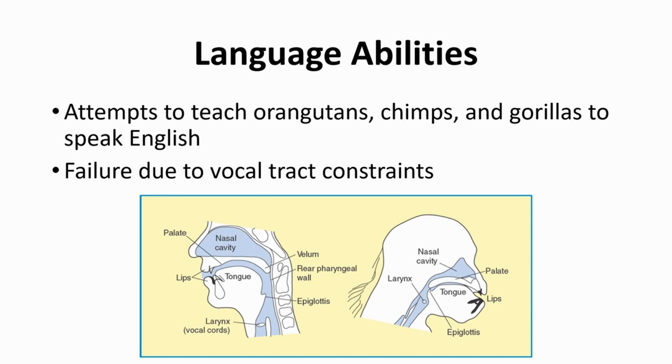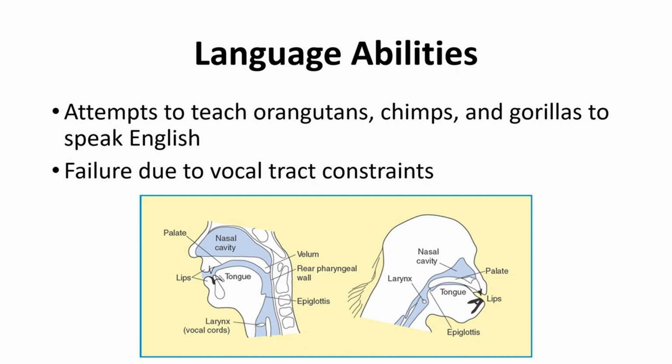Most of these failures actually come from a physiological problem, where our vocal tracts are very, very different, where they don't have the same ability to form as precise enunciations that we do. So when we say that the great apes can't acquire vocal language, we're not necessarily sure if it's an intellectual inability or if it's more of just a physical impossibility.